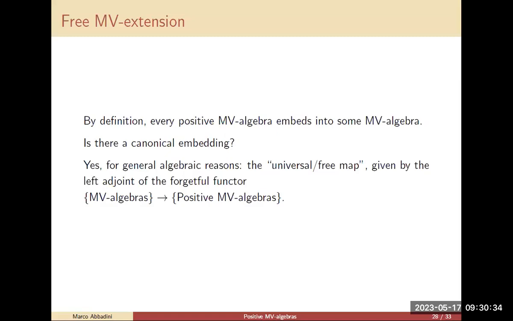It holds by general algebraic reasons. We have a forgetful functor from MV-algebras to positive MV-algebras, which has a left adjoint. And so we have a universal, free map, which is also injective by definition of positive MV-algebra essentially.